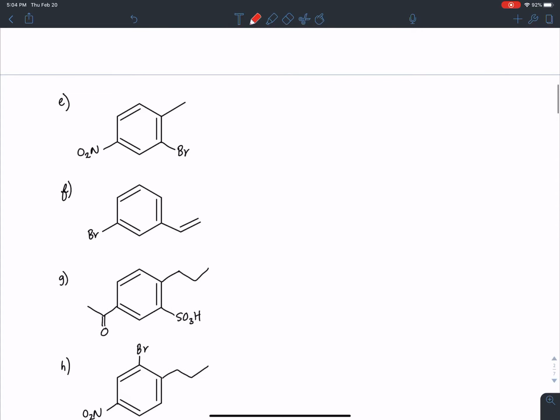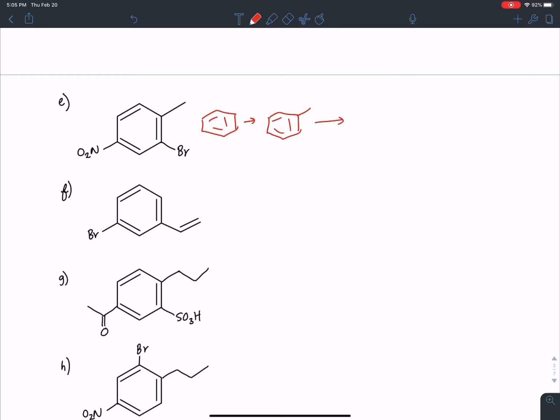Next one. Okay, we have that same position again. 1, 2, and 4. So I probably want to add this thing first, making the next thing go here, making the next thing go here. So let's do that. We're going to start with the benzene. And the first thing we're going to do is add a methyl.